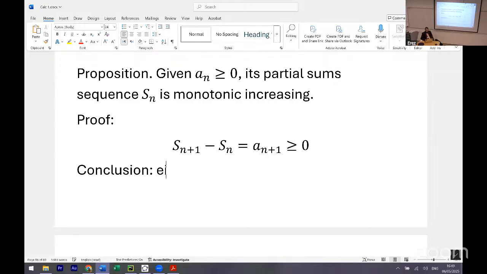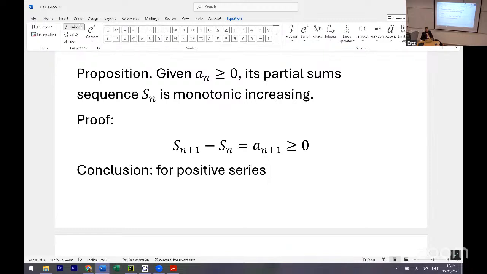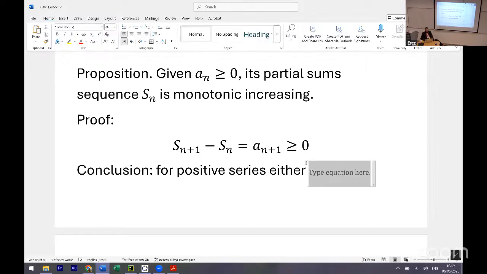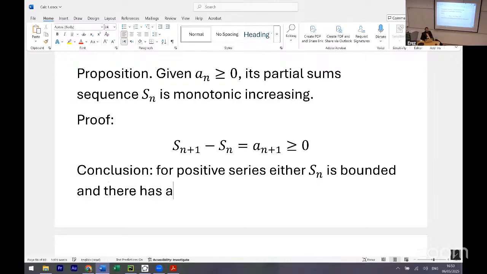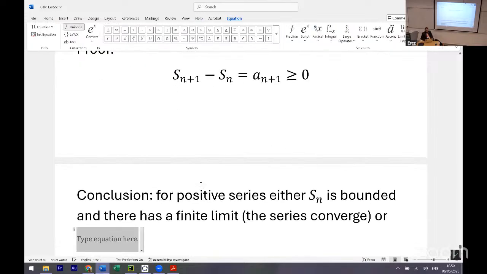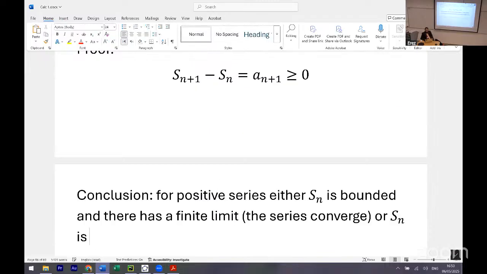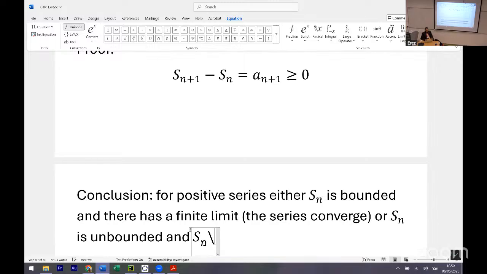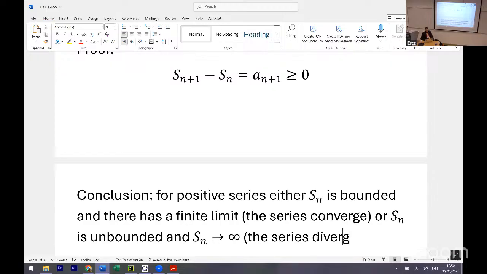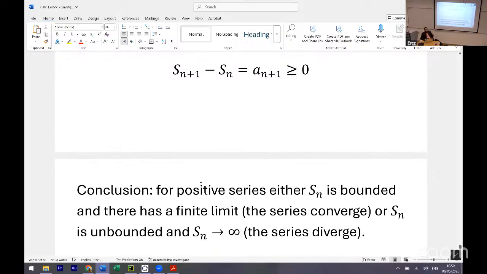Something about a limit. For a positive series, either Sn is bounded and therefore has a finite limit, which means the series converges, or Sn is unbounded and tends to infinity, and the series diverges. So it's all about whether there is a bound for Sn.